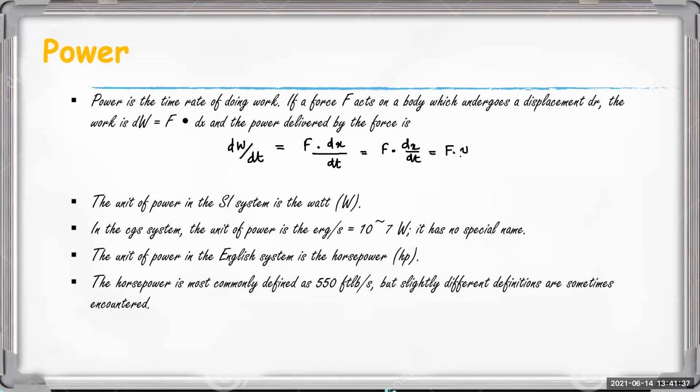Horsepower is most commonly defined as 550 foot-pounds per second, and 1 horsepower is equal to 746 watts.